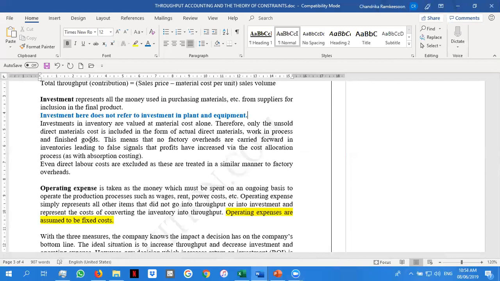Operating expense simply represents all other items that did not go into throughput, because remember, what went into throughput in order to arrive at throughput contribution is materials. So operating expense represents all other items that did not go into throughput or into investment and represent the cost of converting the inventory into throughput, which we did mention earlier in the handout. Operating expenses are assumed to be fixed costs. That's very important.